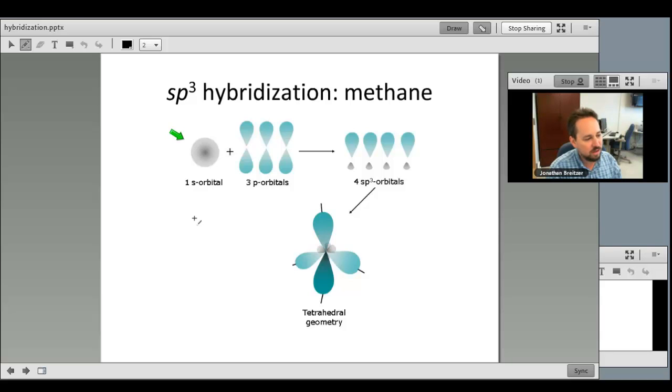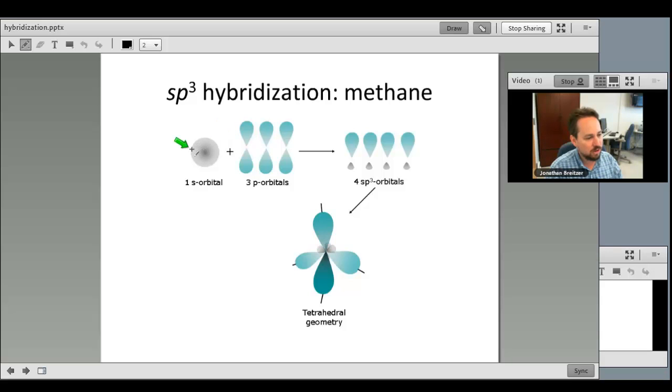When a carbon atom makes a molecule, let's say methane, which is carbon and 4 hydrogens around it, there are 4 orbitals that are available on the carbon. You've got an s orbital and you've got 3 p orbitals.